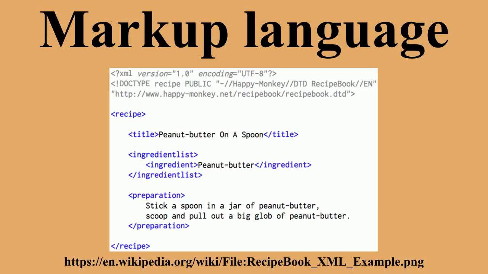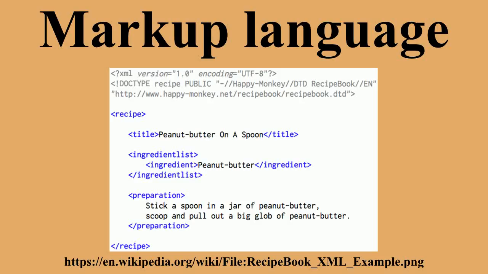In the 1970s, Tunnicliffe led the development of a standard called GenCode for the publishing industry and later was the first chair of the International Organization for Standardization committee that created SGML, the first standard descriptive markup language.